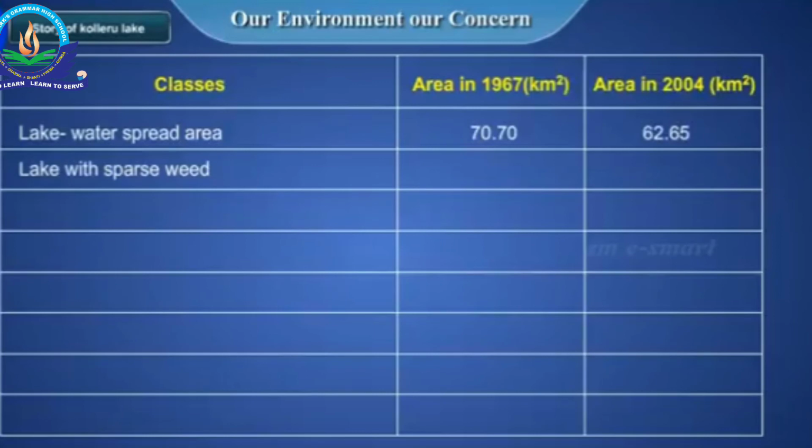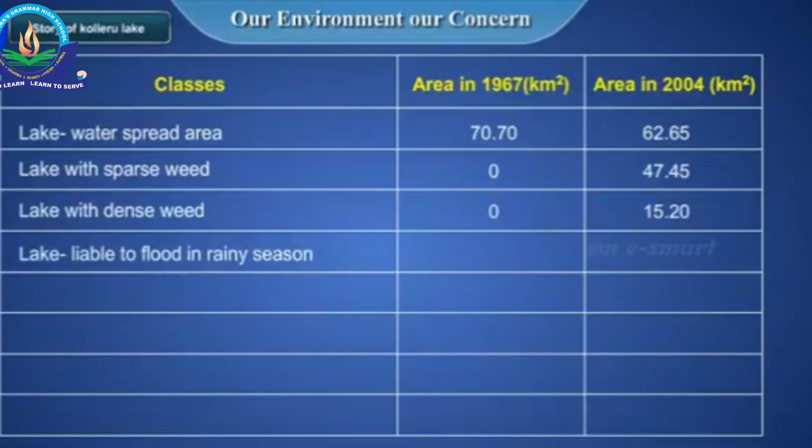Lake with sparse weed: 0, 47.45. Lake with dense weed: 0, 15.20. Lake level to flood in rainy season: 100.97, 0. Aquaculture pond.